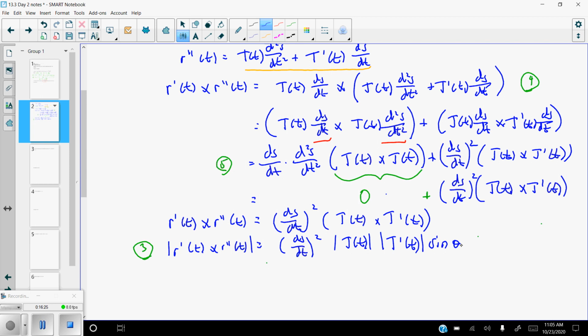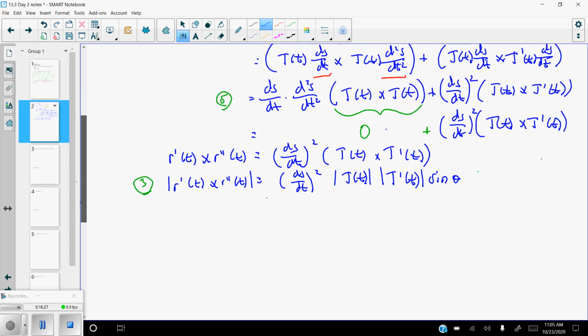Okay, and this stuff is pretty nice. We're almost there. Because the magnitude of a unit vector, by definition, is 1. Sine of theta, well, theta in this case is 90 degrees. How do I know that theta is 90 degrees? Well, I am taking a unit tangent vector and its derivative, and by definition they are perpendicular to each other.